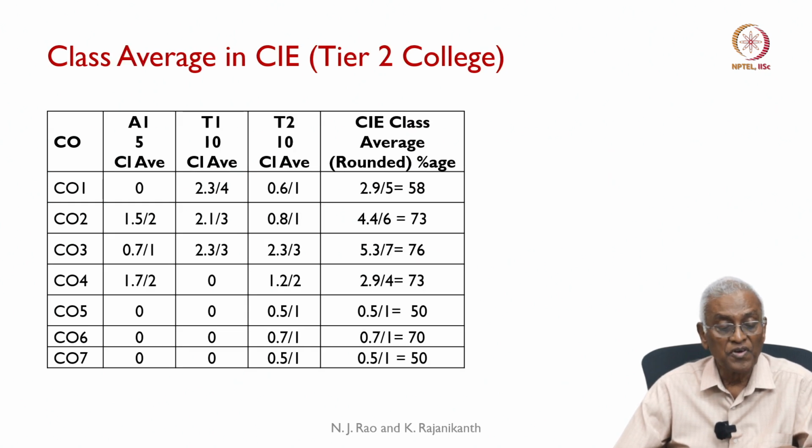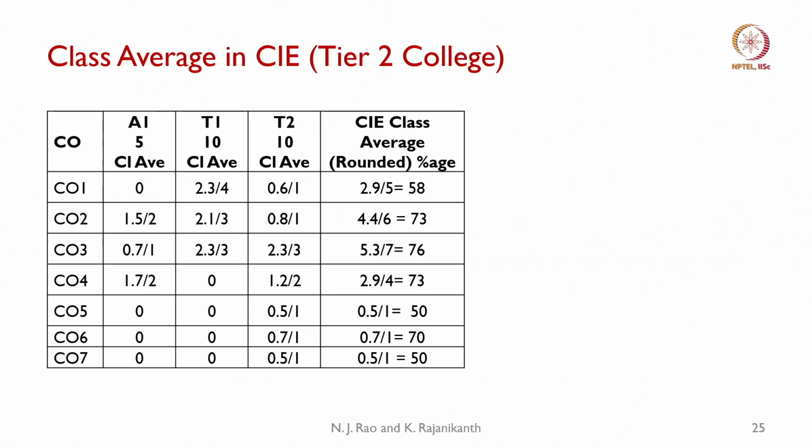Now the actual marks obtained in these assessment instruments of CIE, and we compute the class average for each CO. For example, CO3 is 5.3 marks out of 7, but these 7 are also partly addressed in test 2, test 1 and assignment.